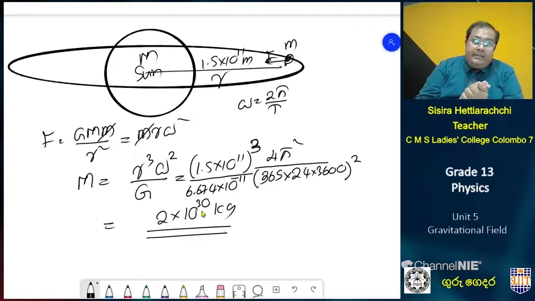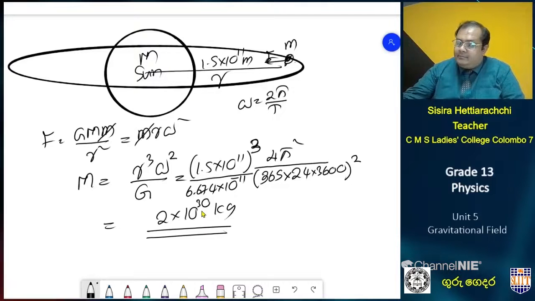Next I'm going to find the velocity of a satellite that orbits the Earth in a near orbit. Near orbit means, compared with the radius of the Earth, it can be 50 kilometers, 100 kilometers, closer to the Earth's surface. We can find the velocity of a satellite orbiting the Earth. Let's do that.